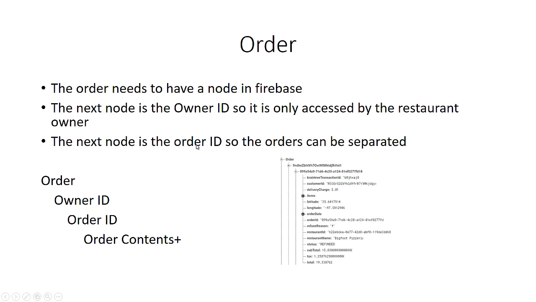Next is the order ID that is generated uniquely, and then the order contents. You can see here the idea behind it, and here's how it is actually implemented. You can see the order, then the owner ID, then the order ID, and then the contents, which is the terminal point of the JSON with arrays within it.